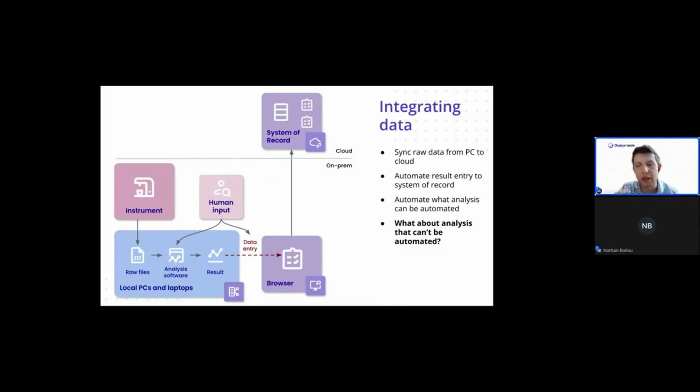Automating data entry then into the system of record to remove human data entry time, to reduce fat finger errors, and automating analysis that can be automated. Lots of times things like outlier detection and simple, straightforward curve fitting can be automated to some extent. But there's so much analysis that still can't be automated, and that's the piece that's left over after all of this.